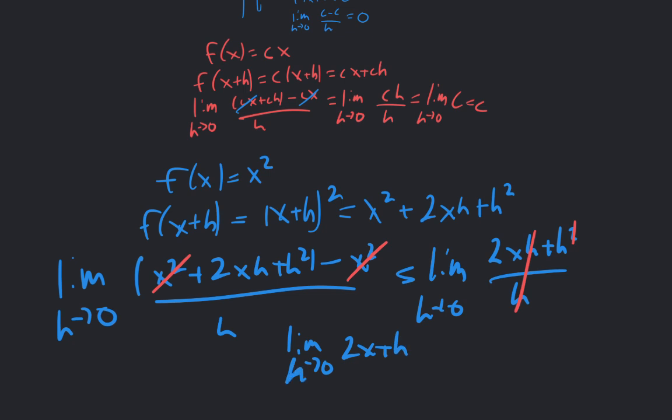Because h is going to 0, we could basically cross that out and just say 2x. So the derivative of x squared is 2x.